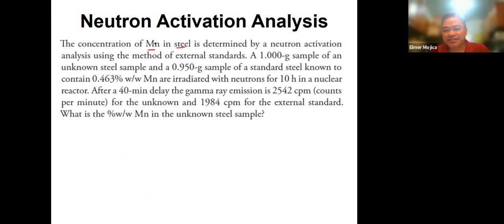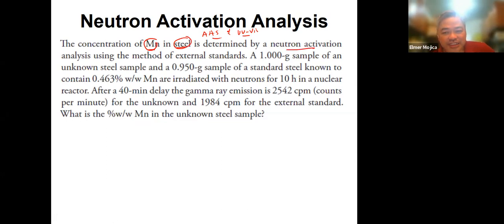So usually in an analytical chemistry lab or instrumental analysis lab, we determine manganese in steel using AAS and UV-Vis. But in addition to that, you can still use this so-called radiochemical method.